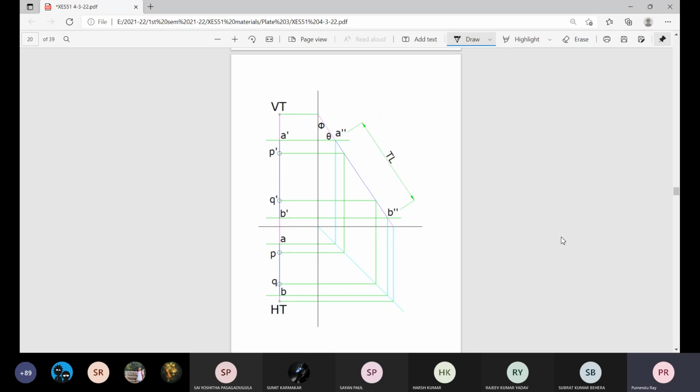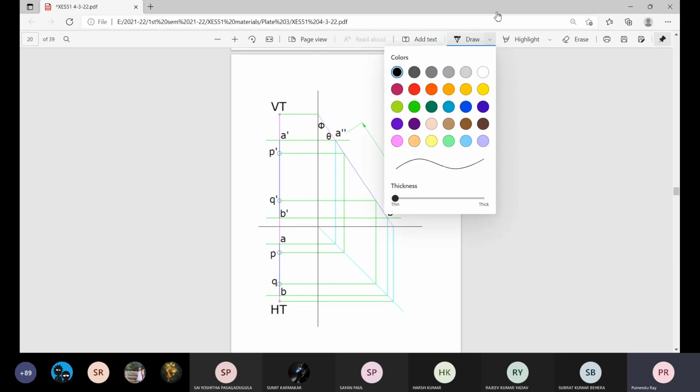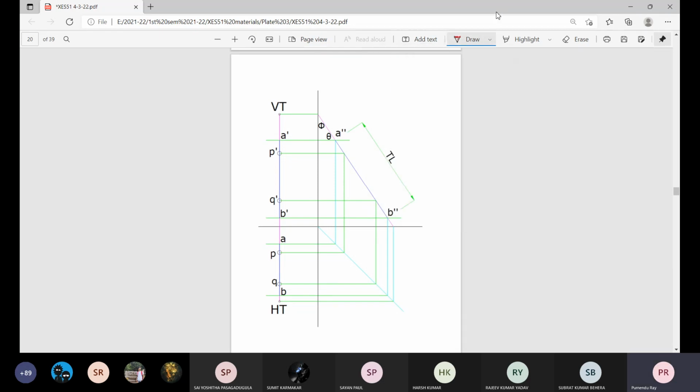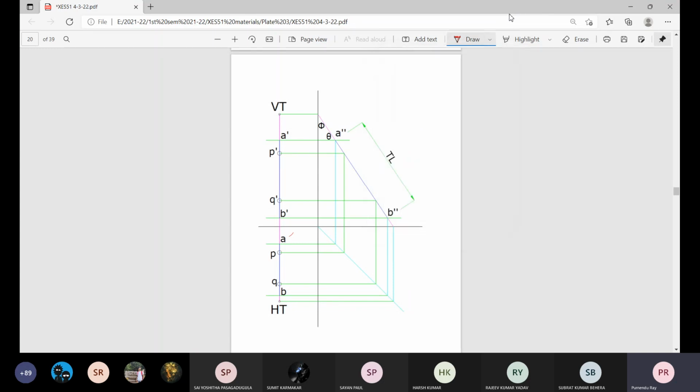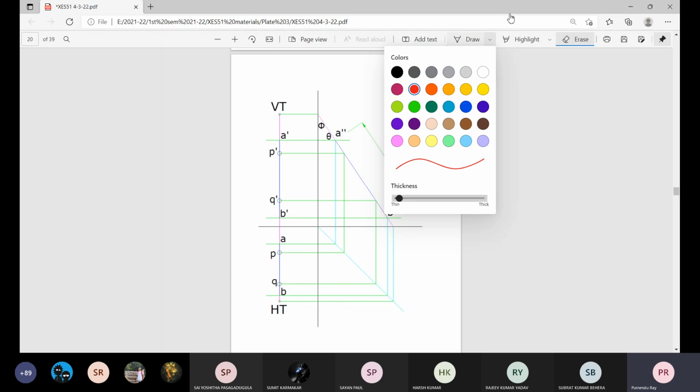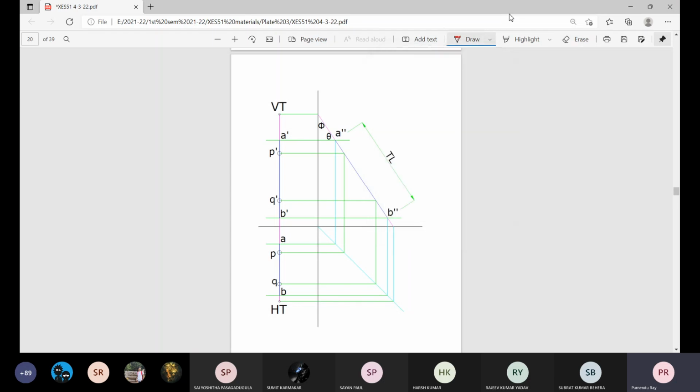So the elevation and plan were given, plan AB. Maybe I need to make it a little more prominent. So this is the elevation of A, this is the elevation of B, this is the plan of A, this is the plan of B.